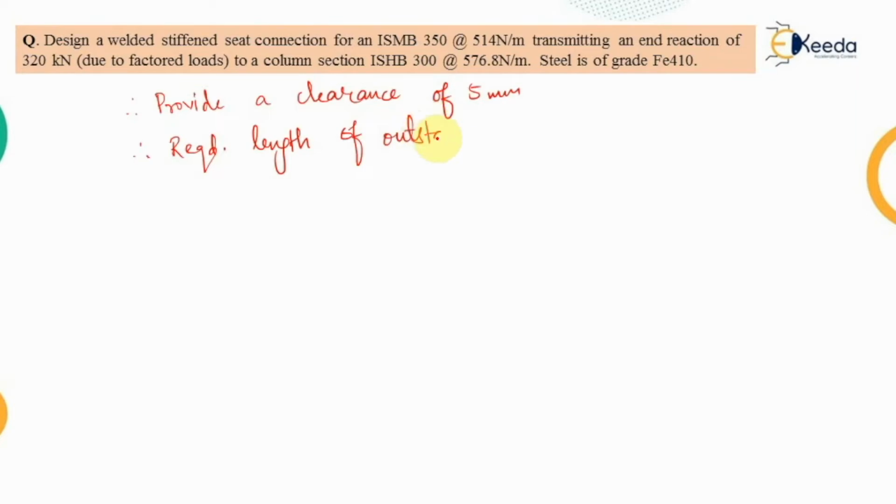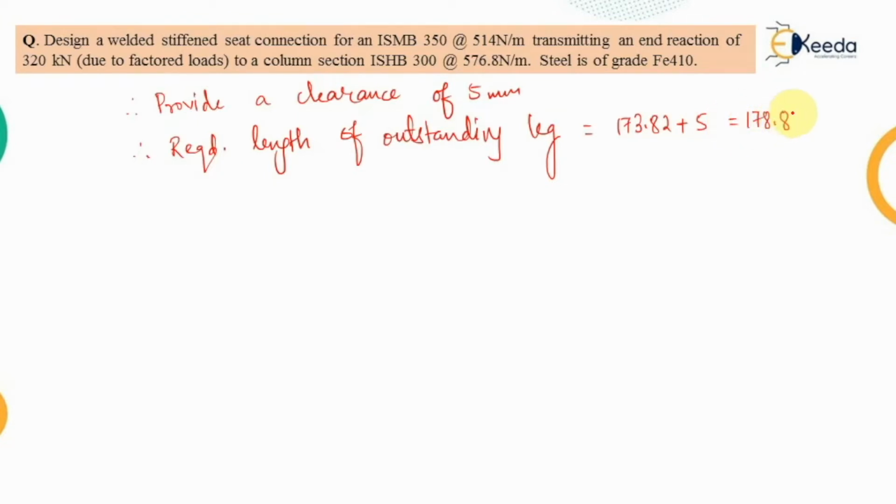Now since the connections that we are providing here are flexible, we will also provide a clearance or gap between the column and the beam, so providing a clearance of 5 millimeter. Therefore the required length of outstanding leg: 173.82 is the minimum length required for the bearing action, while 5 mm is the clearance that we have provided.